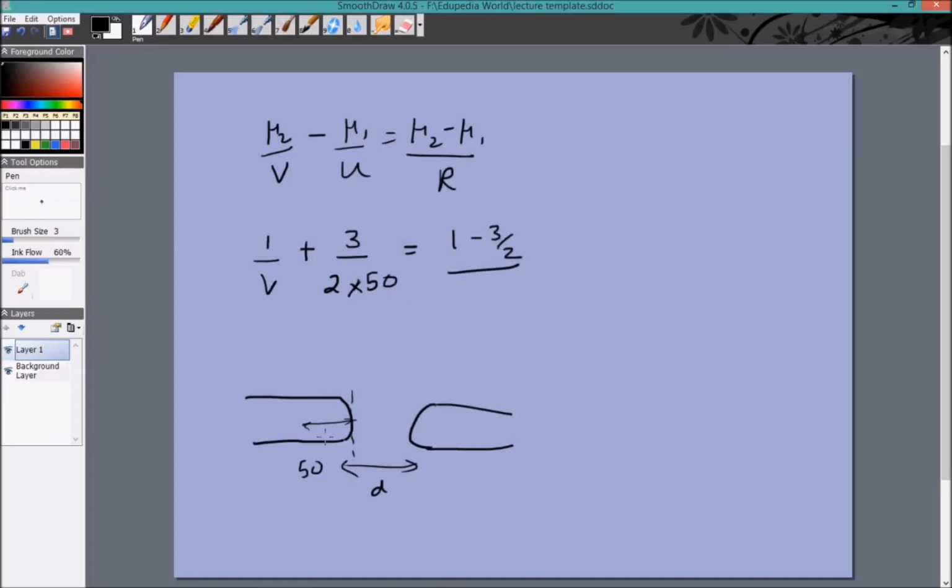Now the radius of curvature for this is minus 10, because this is towards the left. So this means 1 by V plus 3 by 100 is equal to half by 10, so 1 by 20. 1 by 20 is actually 5 by 100, so 2 by 100, so 1 by 50, so it will give me V is equal to 50.